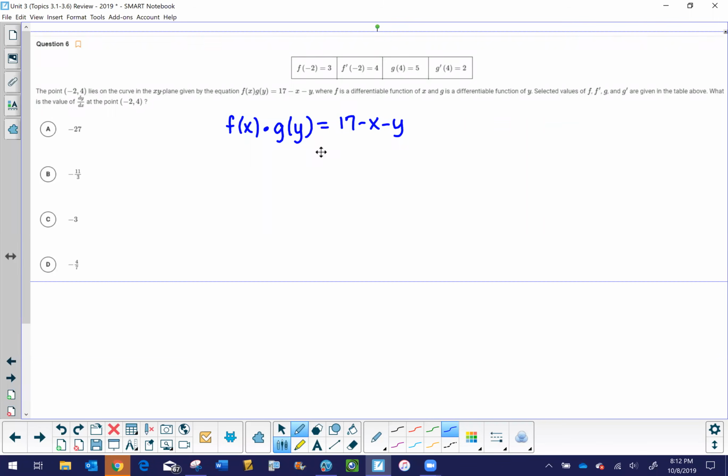So product rule right off the bat. So we have the derivative of f(x) times g(y) plus f(x) times, here is the tricky part, what is the derivative of g(y) with respect to x?